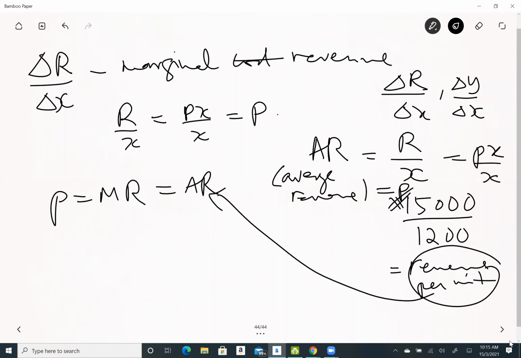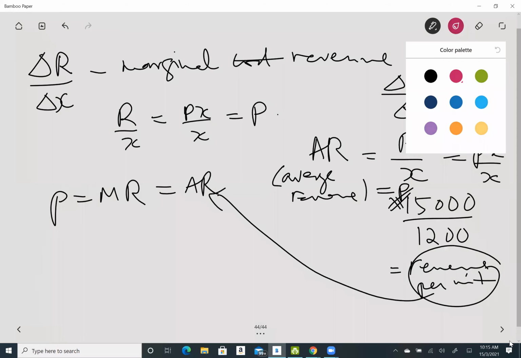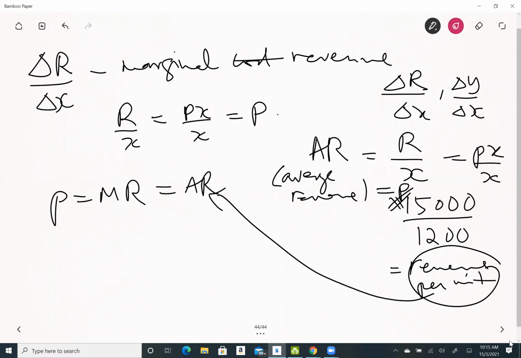So again here, in order for you to get the marginal, we go back to the delta Y over delta X. That's why the interpretation of the delta Y over delta X is very important. I hope you still remember that. So we call it delta R over delta X, which is equal to what? Delta R over delta X is equal to P. What does it mean?